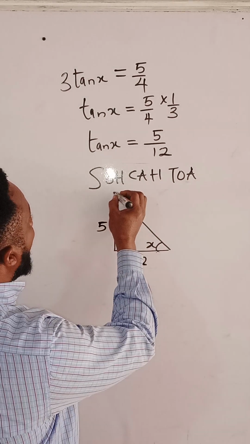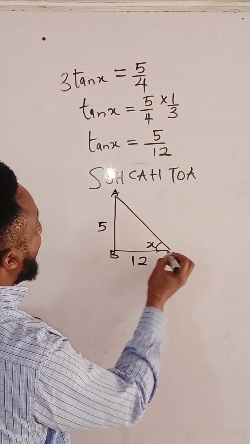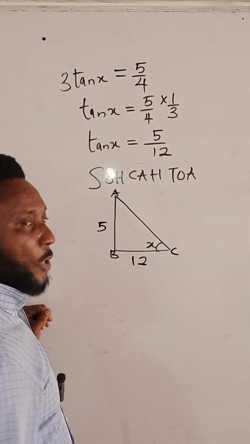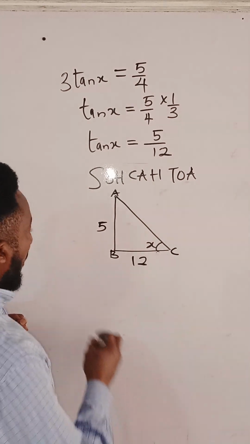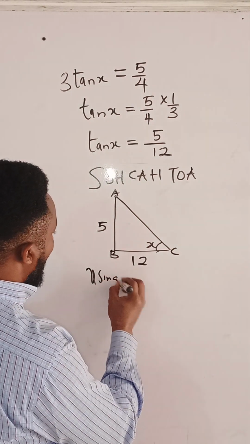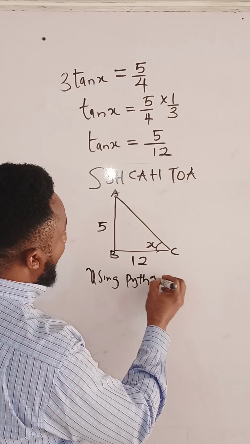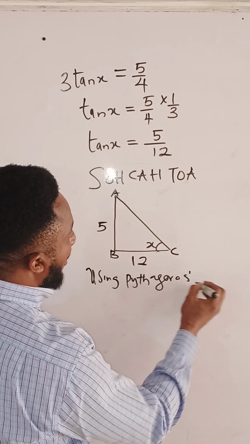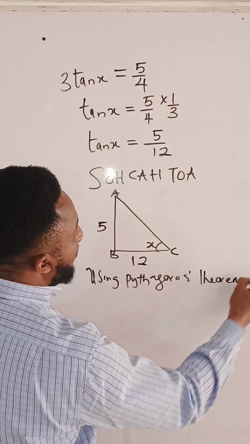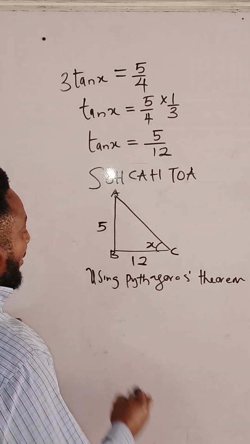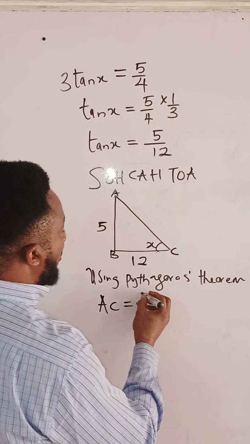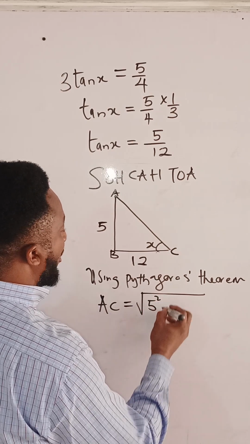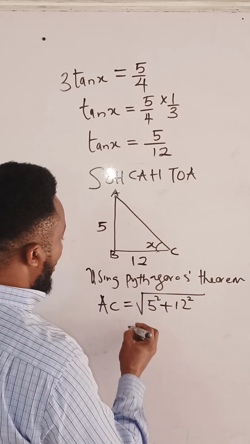So if I label this triangle A, B, and C, we need to calculate AC, which is the hypotenuse. Using Pythagoras' theorem, AC is the square root of 5 squared plus 12 squared.